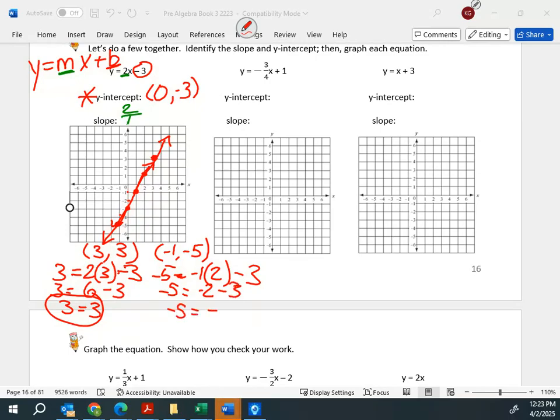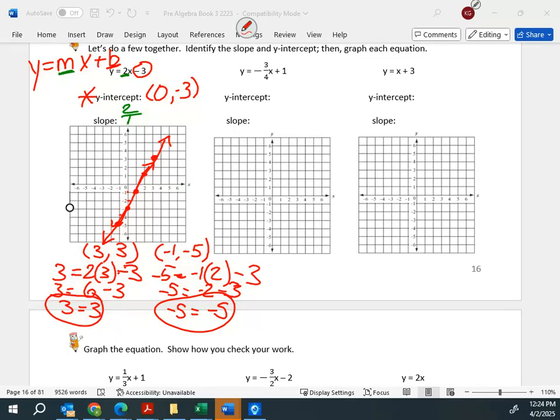Does -5 equal -5? Yes, it does. Any point on that line will make it work. So if you want to double check your answer to see if it worked, you plug in any point on the line to check it. Let's do our next one.